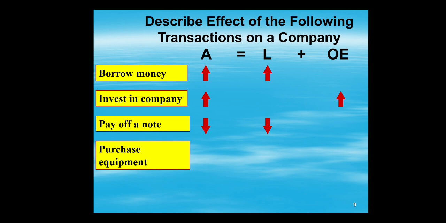So what do you think? If a business purchases an equipment, what is the effect of that transaction on the asset? Imagine there is a business, and one day the business purchases an equipment. What will happen? The first thing that happens is when a business purchases an equipment, the business has to pay. Let's say the equipment is $5,000.